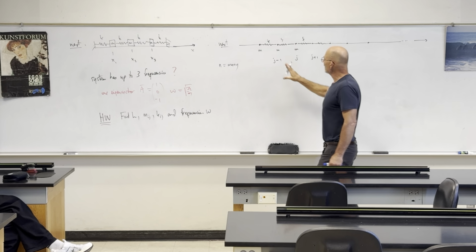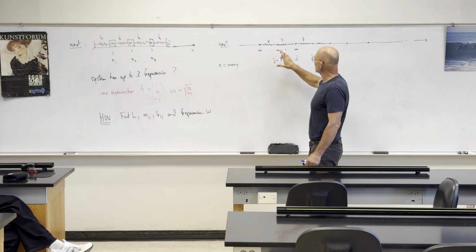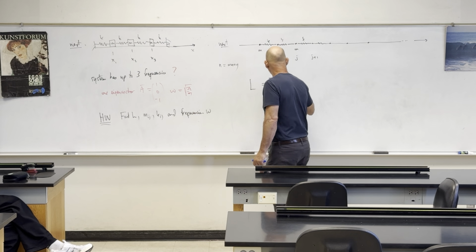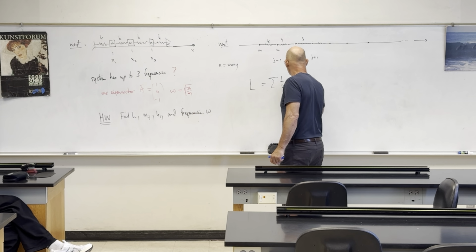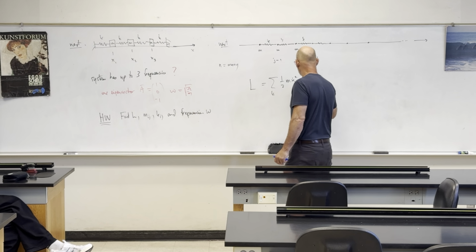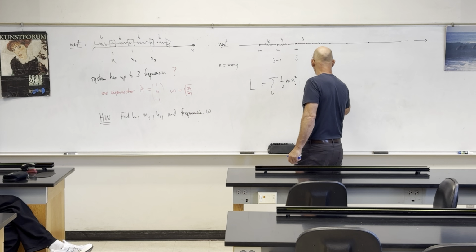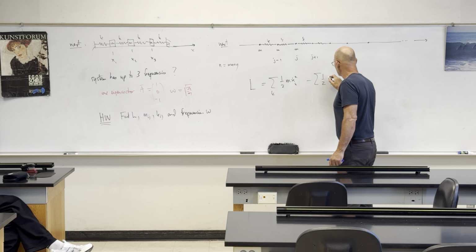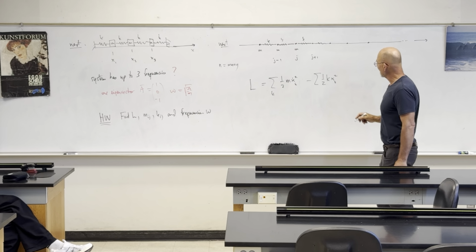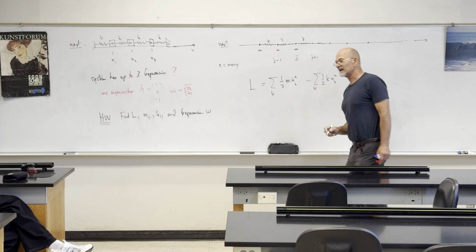Because these are ideal physics springs, the Lagrangian has this form: sum over 1/2 m xk dot squared, sum over k, minus sum over 1/2 k xk squared. Clever use of k's, right? You gotta live with it.